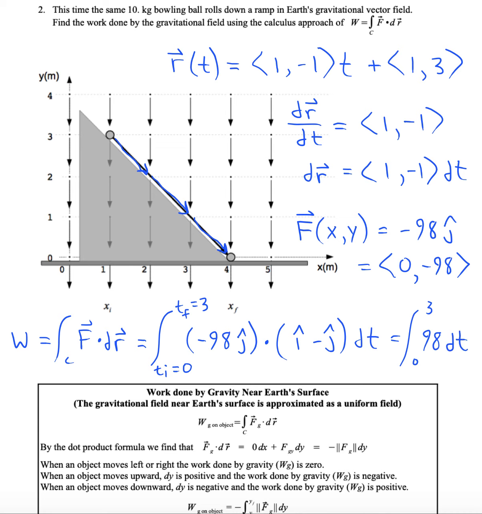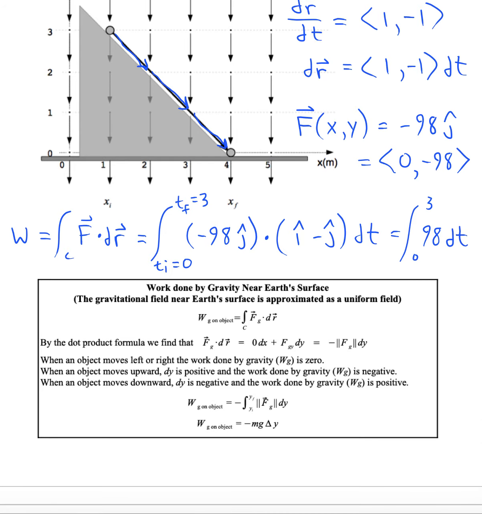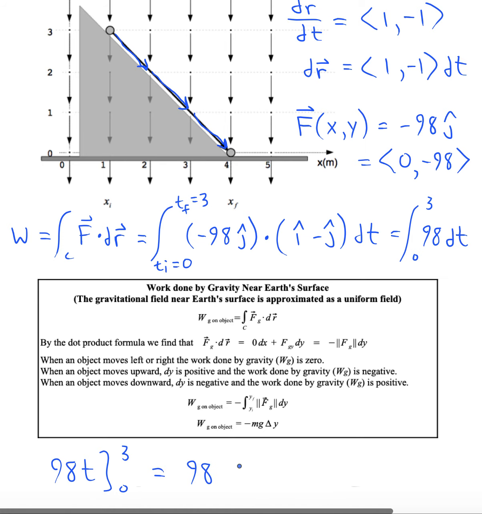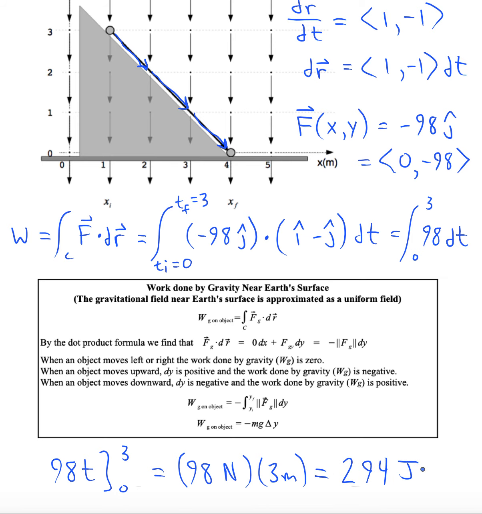Okay, and then we want to integrate that. We'll get 9.8t from 0 to 3, which is 9.8 newtons times 3 meters, 29.4 joules.